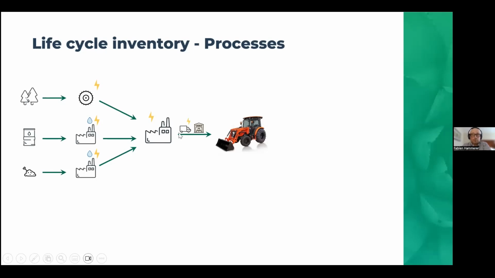And this product also needs to be distributed, warehoused until it can be put to use. And all of these steps require themselves, at the very minimum, some energy to conduct, some water, and countless other products like detergents for cleaning, additional fuels, metals, and it generates waste, etc., etc. All of these need to be taken into account when you conduct a life cycle assessment by definition.